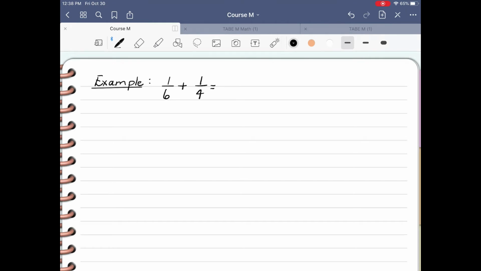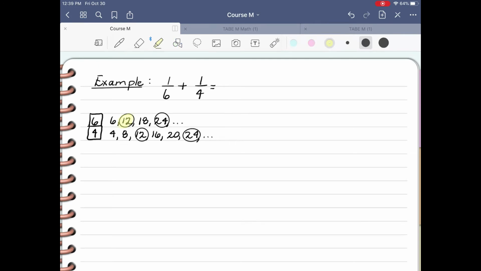So I'm going to find the common denominator. And I do want to show you something here. 6, 12, 18, 24. 4, 8, 12, 16, 20, 24. So we have the 12 in common. We also have the 24 in common.